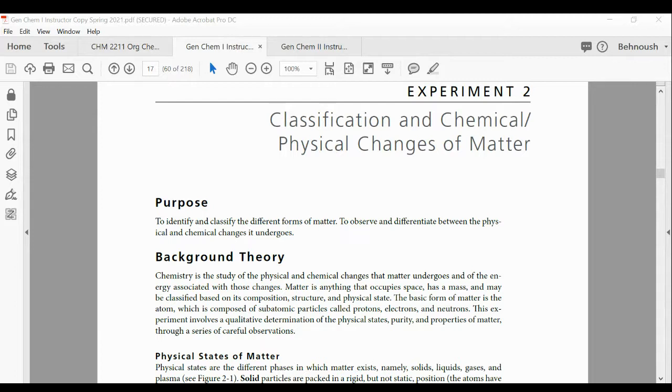So when you look at a substance, you're looking for color, the state of the compound. Is it solid, liquid, or gas? That's also a physical property. Is it shiny? Is it malleable? What's the temperature? That's a physical property. If you want to determine a chemical property, you have to change the composition of the compound.